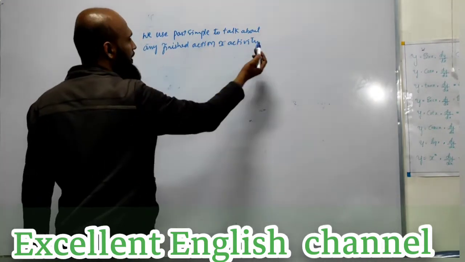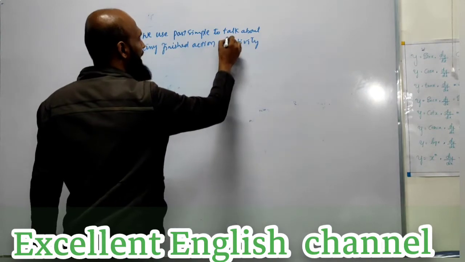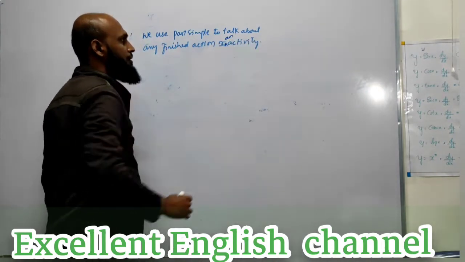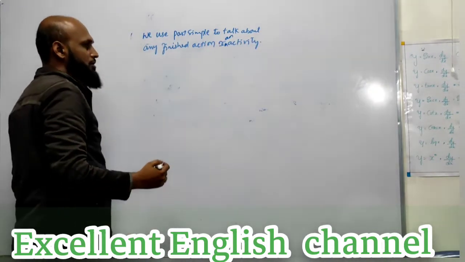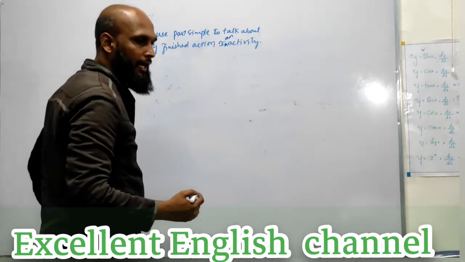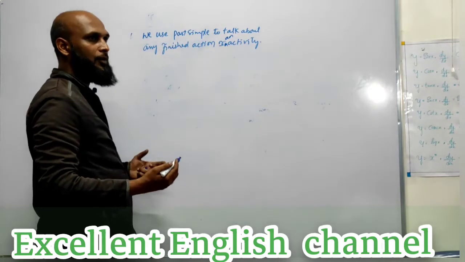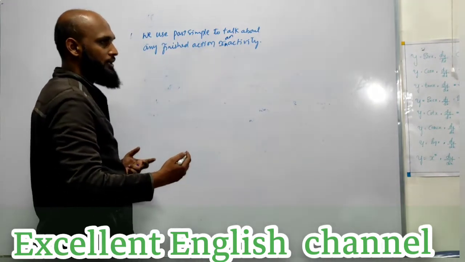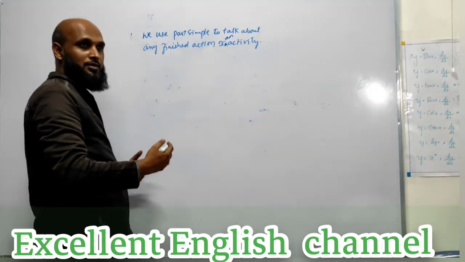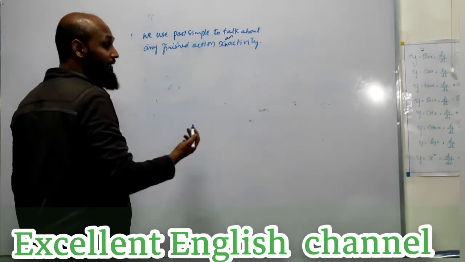We use it to talk about any finished action or an activity. Alright? Now, I'll give you some situations where you can understand. Let me give you a situation, and that way we can try to understand what it is telling us.